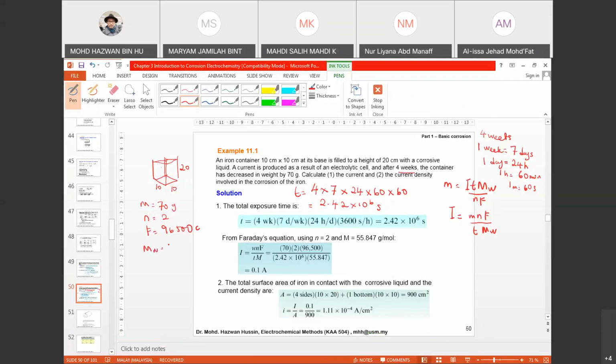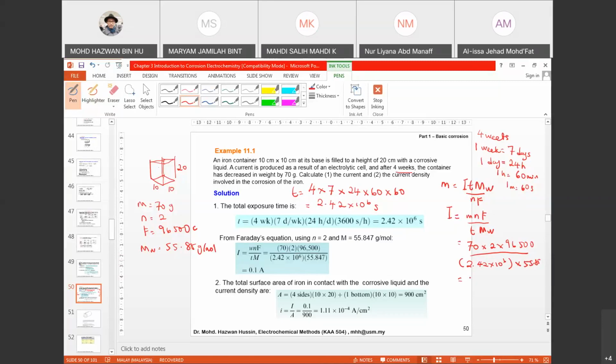Molecular weight 55.85 grams per mole. Okay, and you can substitute those values. Put it here: 70 times 2 times 96,500 divided by the time in seconds, 2.42 times 10 power of 6, times the molecular mass, 55.85. Okay, then you will get the value; the current is equal to 0.1 amperes.